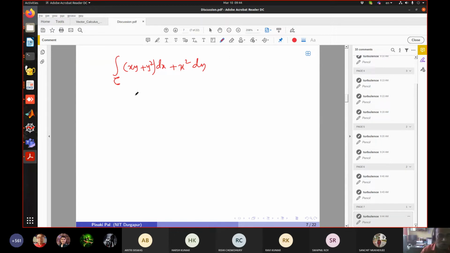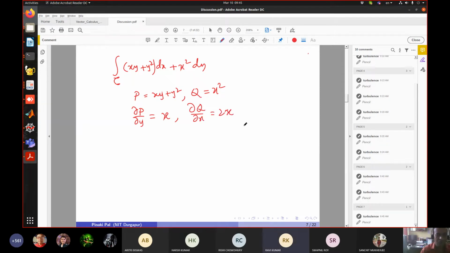That means both sides we have to evaluate and check whether they are equal or not. So P(x, y) is xy plus y square, and Q is x square. And we have del P by del y, that is equal to x plus 2y, and del Q by del x, that is 2x.